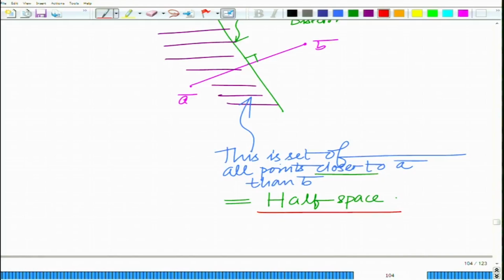If we look at the perpendicular bisector of the line joining a bar and b bar, this is the half space that lies towards a bar. The perpendicular bisector divides the space into two half spaces. The half space that includes a bar is the set of all points which are closer to a bar than b bar, which is indeed a half space, and therefore, it is indeed convex.